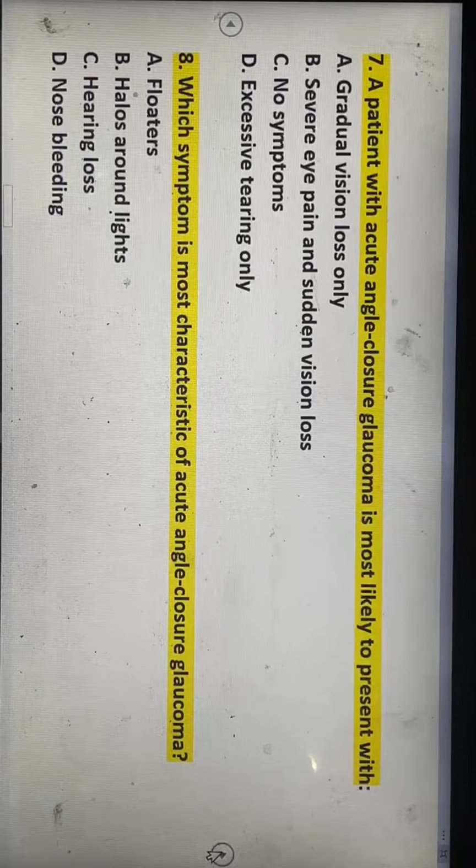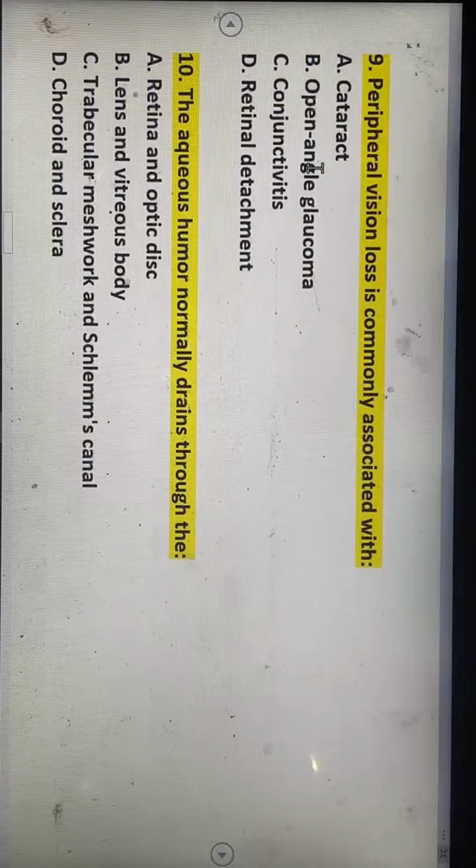So, let's go on. Peripheral vision loss is commonly associated with A, cataract; B, open angle glaucoma; C, conjunctivitis; and D, retinal detachment.